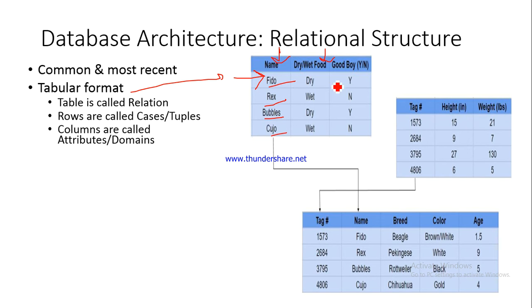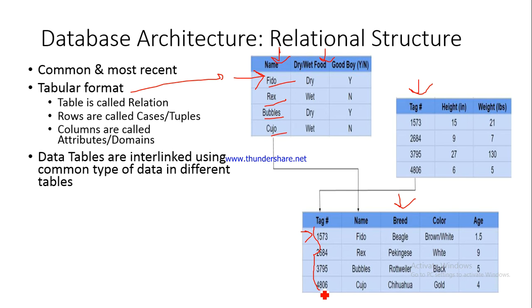The second attribute in this particular relation is dry or wet food, and the third attribute in this relation is good boy, yes or no. Likewise, in this one we've got three different attributes: tag number, height and weight. Here we've got five different attributes or domains, and if you look at the cases, we've got four cases, right? So now I hope you understand what we mean by cases or tuples or attributes or domains, right?